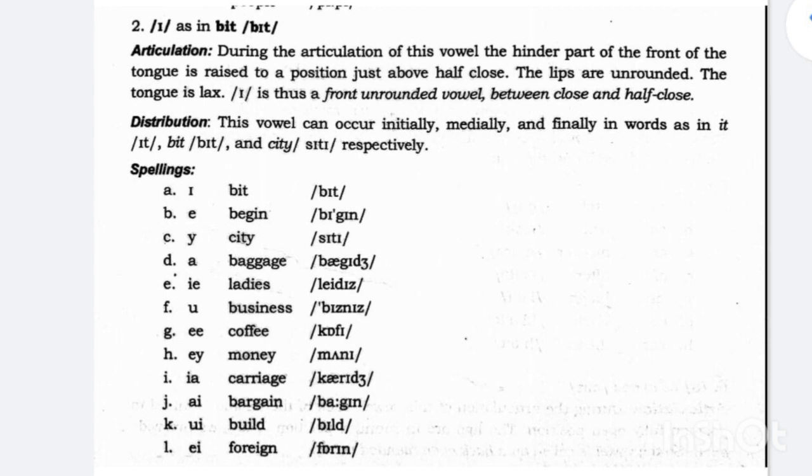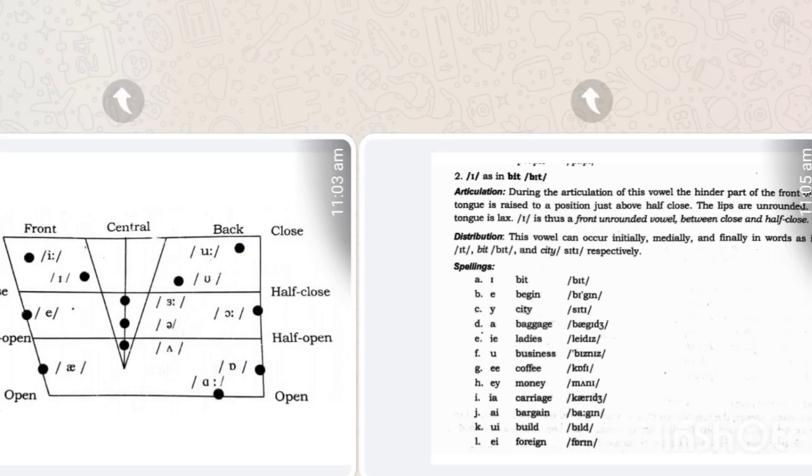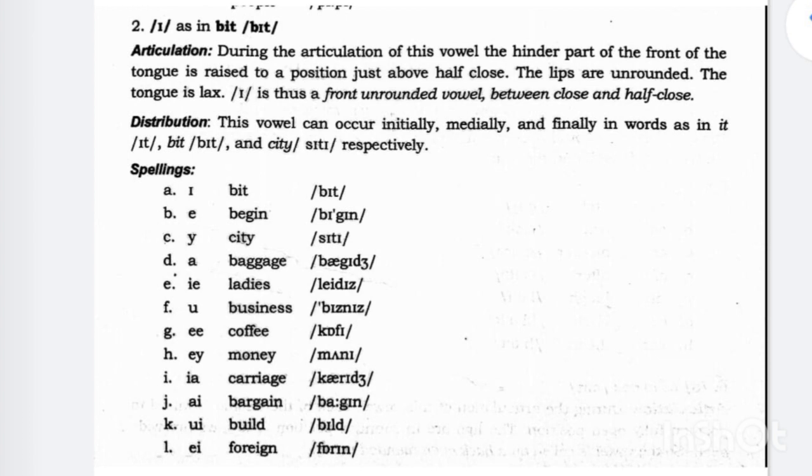Moving on to the next word, city. Here, as I told you, E we have already seen represented by the letter I. So we are going to the letter Y, which stands for the vowel sound E, and it comes finally towards the end of the word.